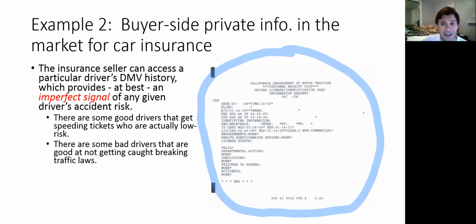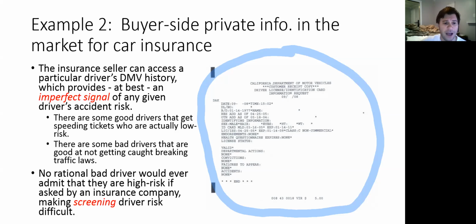Conversely, there are bad drivers that are really good at not getting caught breaking traffic laws. So they are speeding, they are doing things they shouldn't be on the road, but they haven't been effectively monitored by law enforcement, meaning that information is not going to show up on their DMV record, on their DMV history, which is why the DMV record, again, provides an imperfect signal, okay, of actual driver risk, right?